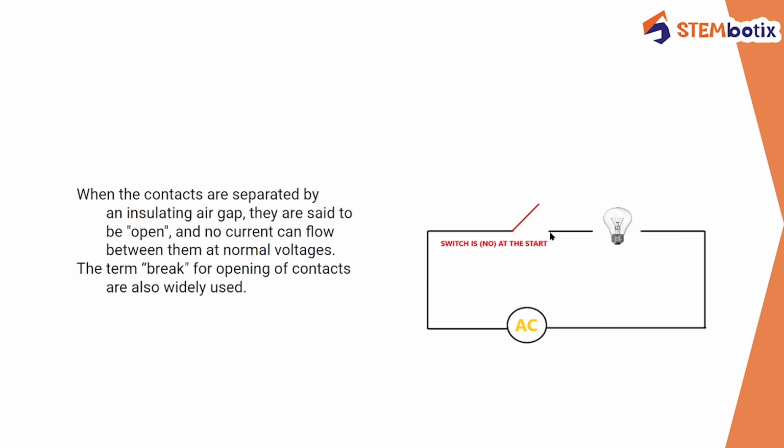Then after there is two poles and six throws, means two input circuits and six different paths for currents to flow through. Then after there is another category which is momentary operation switches or momentary control switches. In this, the push buttons, press switch, pressure switch, temperature switch, toggle switch and rotary switch are included.